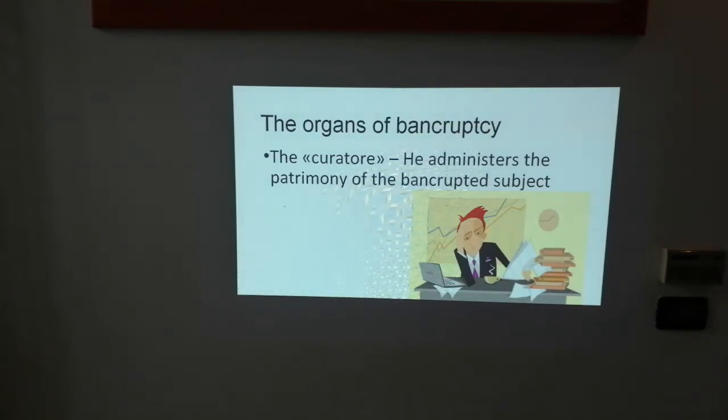So the curatore must administer the patrimony, administer the organisation and all the assets together to try to keep the operation running if it's still able to create wealth, if it's still able to continue to create an income. And also he needs to administer the actual process of the bankruptcy.